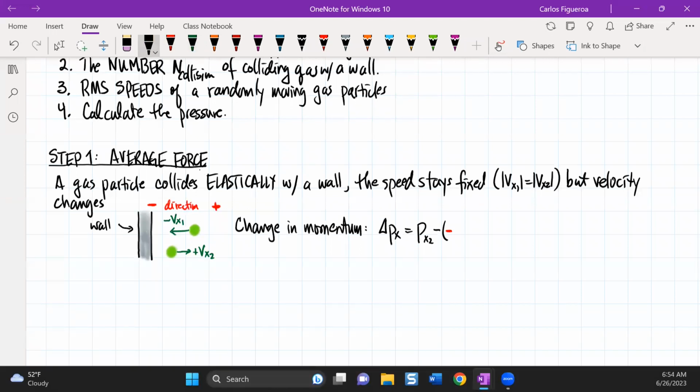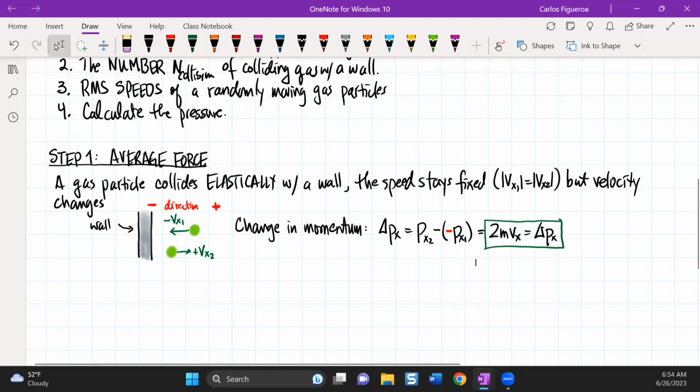Because the speeds are the same, I get 2mvx, and that's the change in momentum in the x direction. So now I have this change in direction.